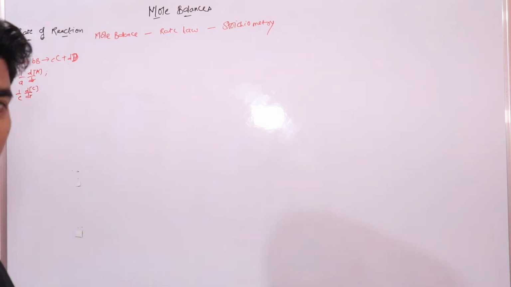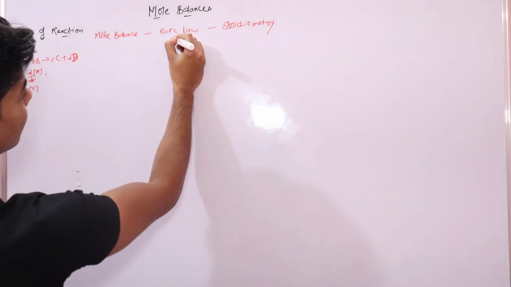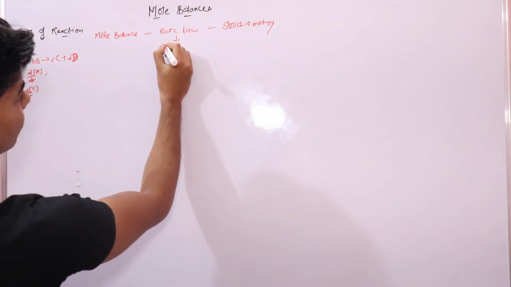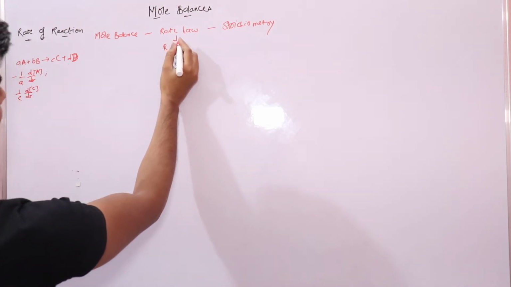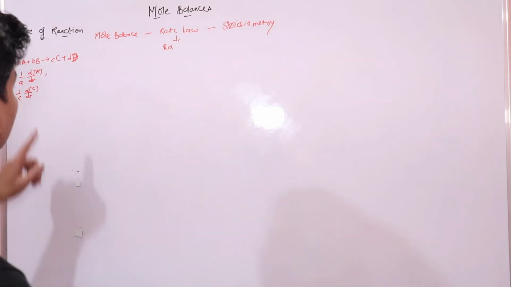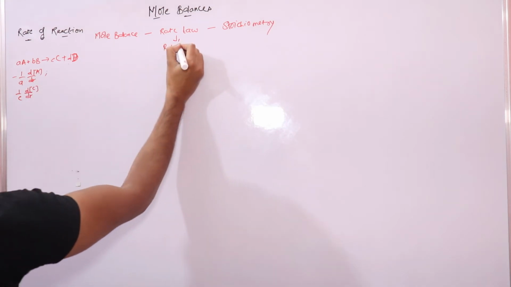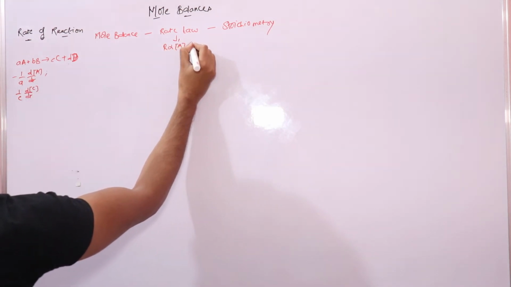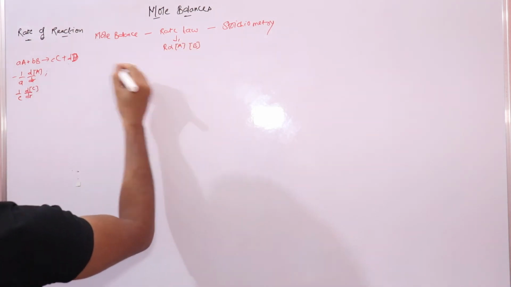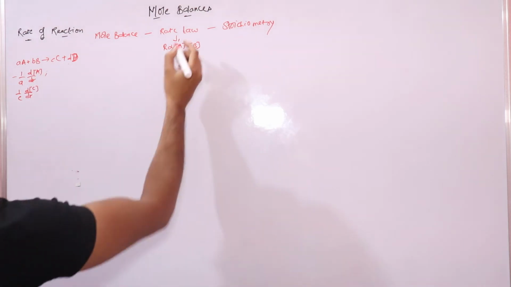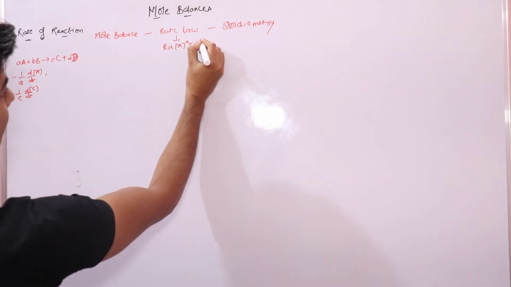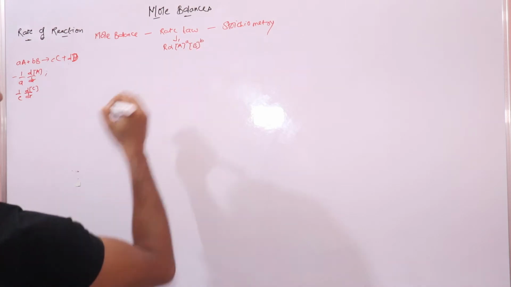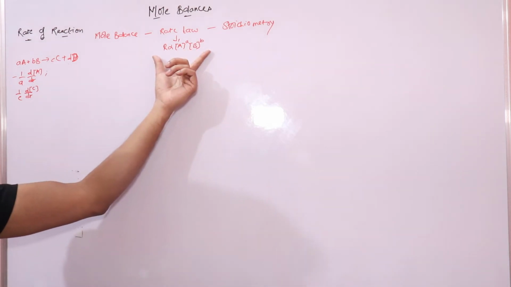And the rate law, as I've already said, if you remember, we used to define the rate of reaction as directly proportional to the concentration of A and the concentration of B. If the law of mass action was applied, it's [A] and [B]. But this is theoretical.